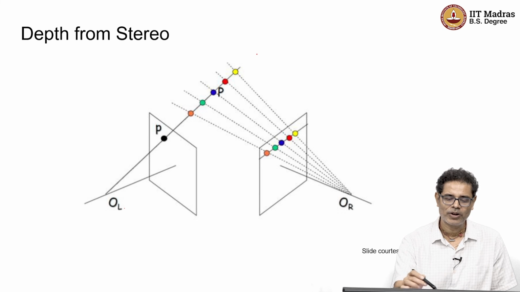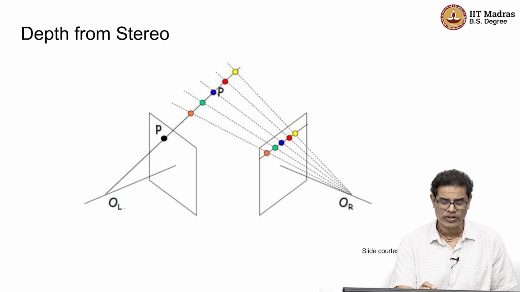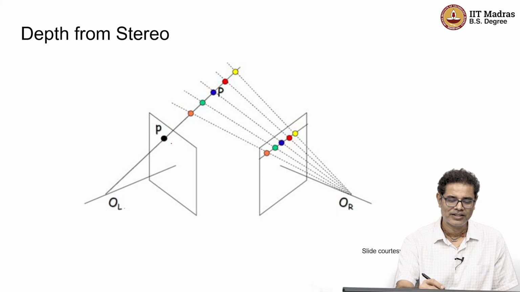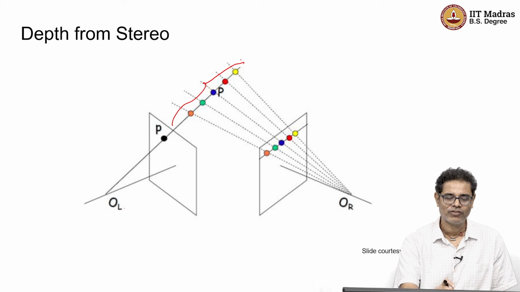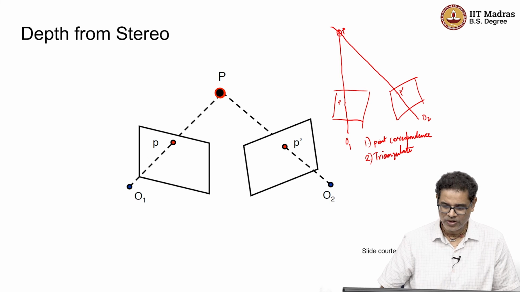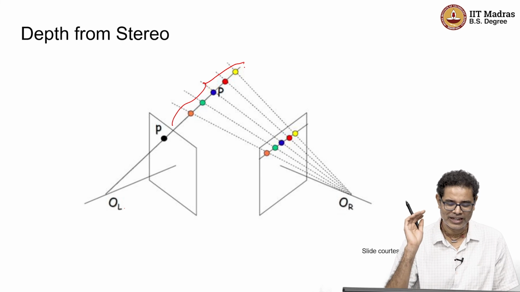Actually all the points on this 3D line are possible points. Given only the left image, all I can say is my real 3D point will lie somewhere on this line. I don't know where it will lie.